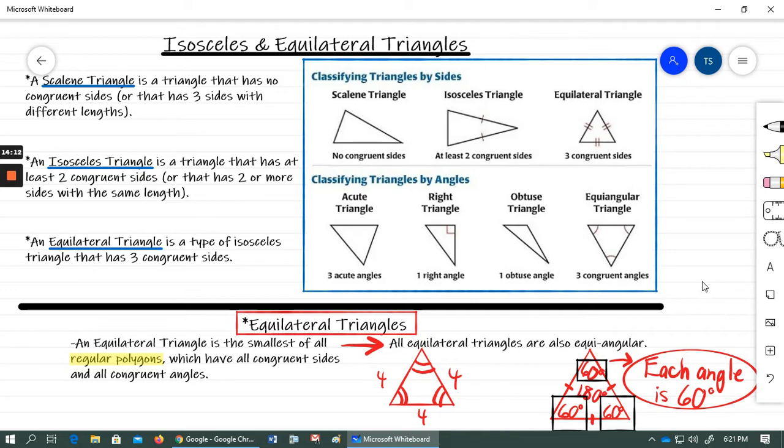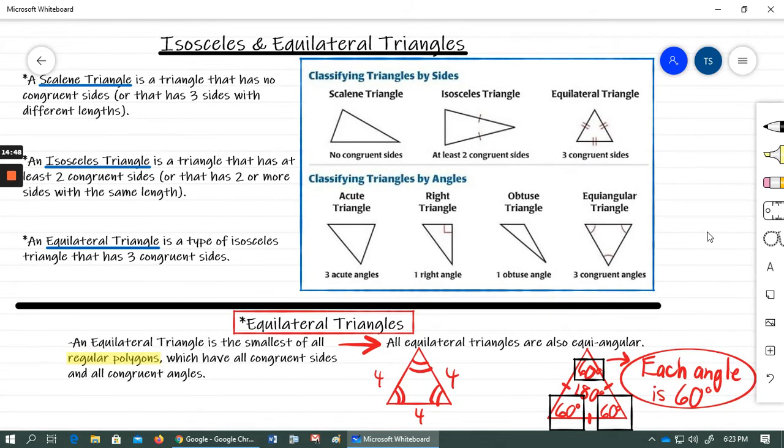So when you see an equiangular triangle, even if it is not marked, where each angle is congruent, or in other words, where each angle is 60 degrees, all three of the sides of that triangle are also congruent, even if it's not marked on the diagram. Equilateral triangles are equiangular, and equiangular triangles are equilateral. Alrighty. I want to make that very clear.